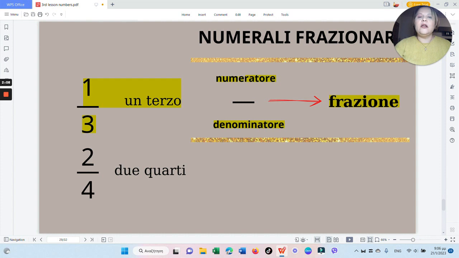Numerators are cardinal numbers, but denominators are ordinal numbers. Next example, 2 quarti. 2 numerator and 4 denominator. Denominators are ordinal numbers and numerators, like 2 in this example, are cardinal numbers.